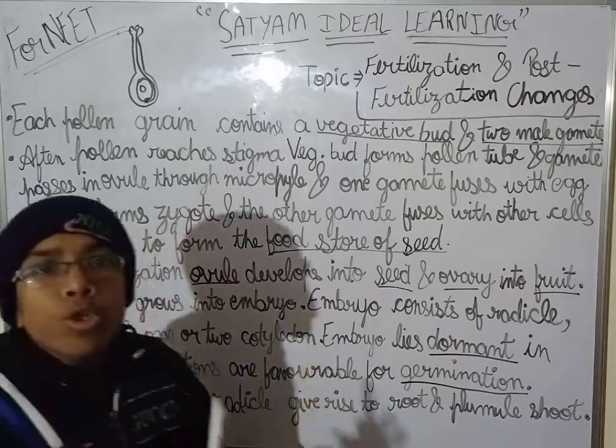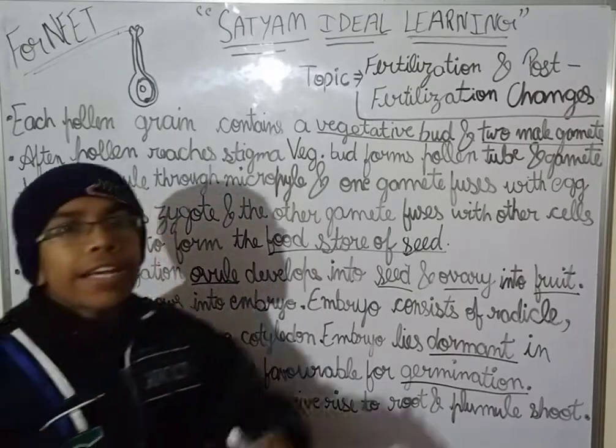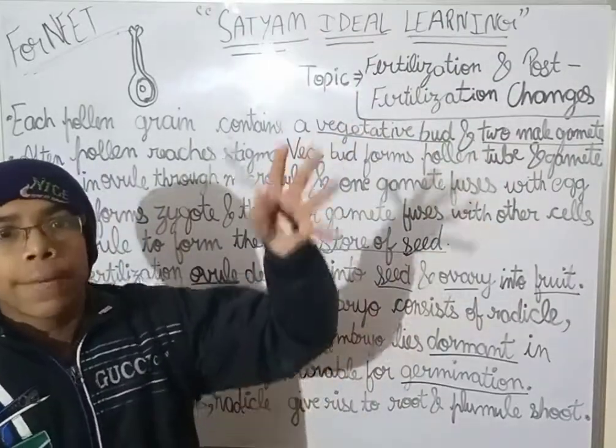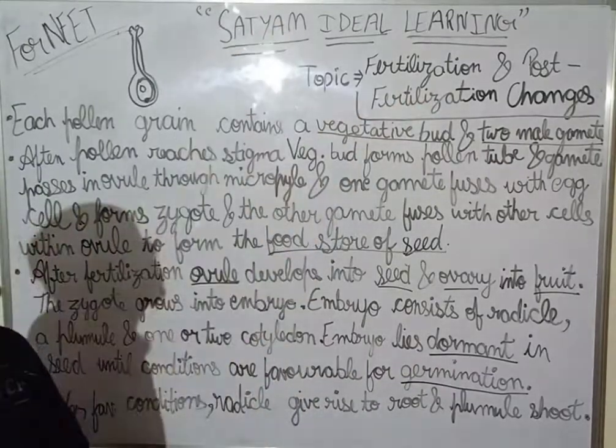Cotyledon has stored food, and it will take the food from it, and then it will grow and rise up. The root will rise from down and the shoot will rise from up.